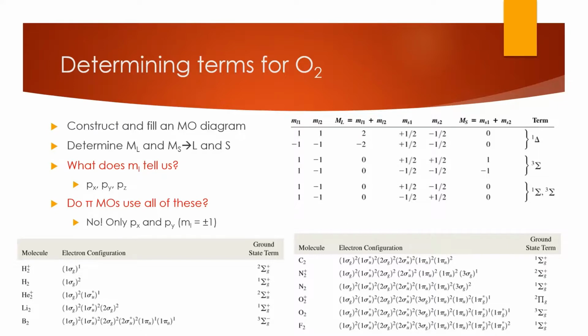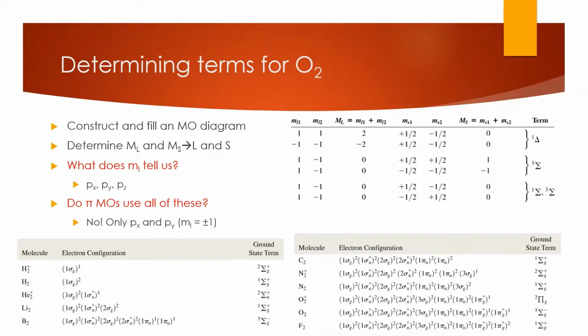If we think back to the MO diagram we just drew for oxygen, if we were to excite that oxygen molecule, we would likely get more electrons in antibonding orbitals, which means our new molecule has more antibonding character, which means that it is less stable. It's going to have a longer bond length and so forth.